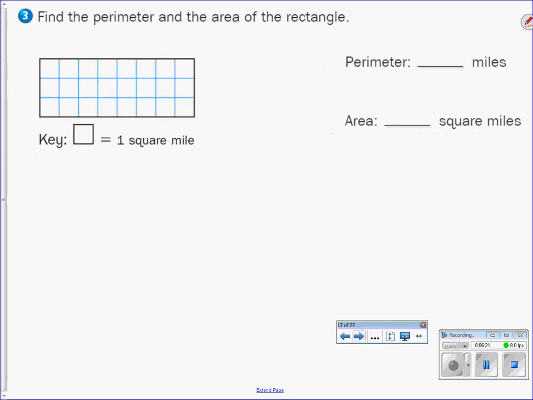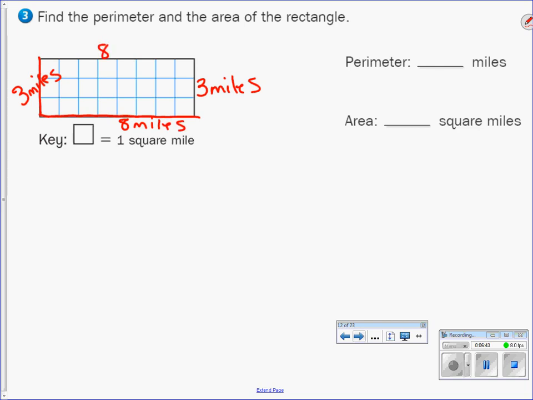All right, on my next one, let's go again. We've got 1, 2, 3. So this is miles. So we got 3 miles over here. And 1, 2, 3, 4, 5, 6, 7, 8 miles.